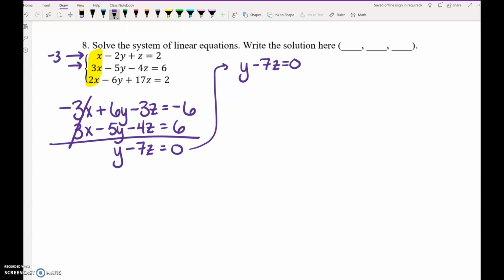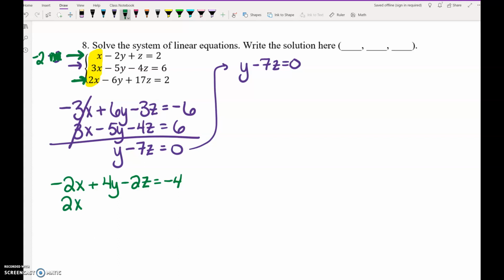Now we need to go back and eliminate the x's again. So this time I am probably going to choose my bottom equation and my top equation. But instead of multiplying by negative 3, what do I now need to multiply the top equation by? Negative 2. So I will have negative 2x plus 4y minus 2z equals negative 4.